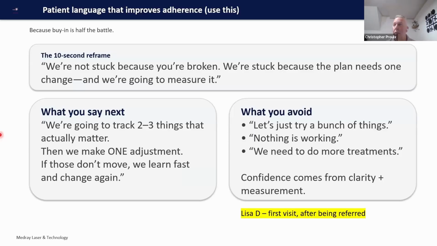Lisa D, first visit. She was referred to me by another patient of mine, for low back pain. She went and got evaluated at another clinic, and it was a new grad. They said at the end of the evaluation, "Yep, I'm not exactly sure what your problem is." Now, mind you, it was non-specific low back pain, but they said, "I'm going to look some stuff up when you come back in."